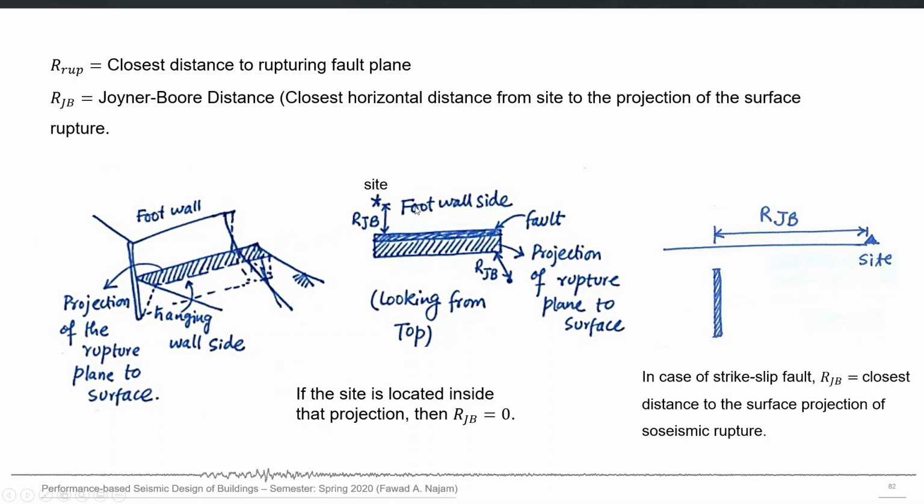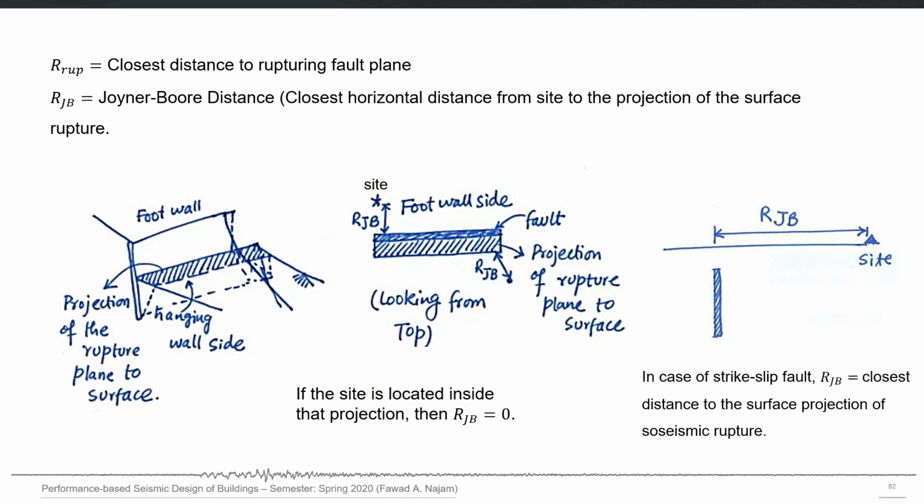Now look at the whole thing from the top, and let's say that your site is on the foot wall side. Then the closest distance from that projection will become your RJB. So this distance will be your RJB. If your site is located on the hanging wall side, let's say here, then this inclined closest distance is your RJB.